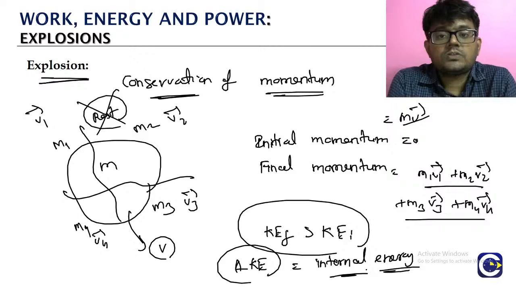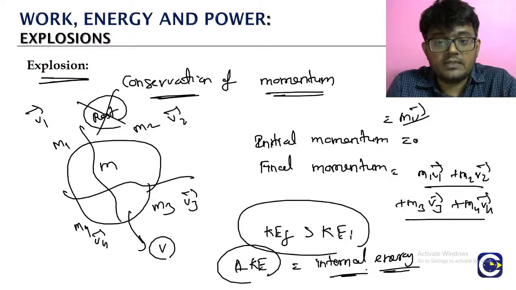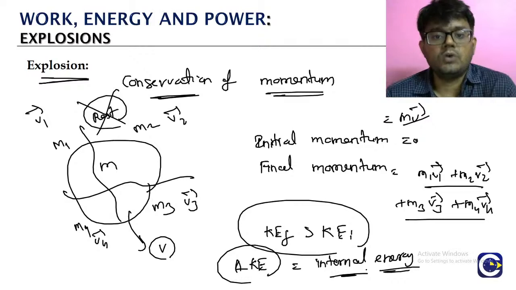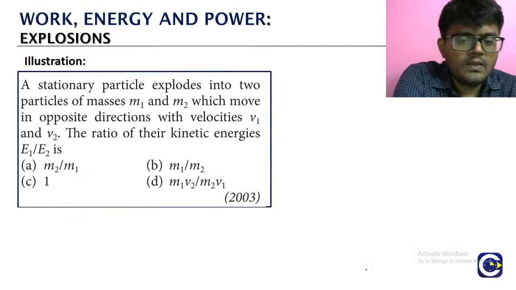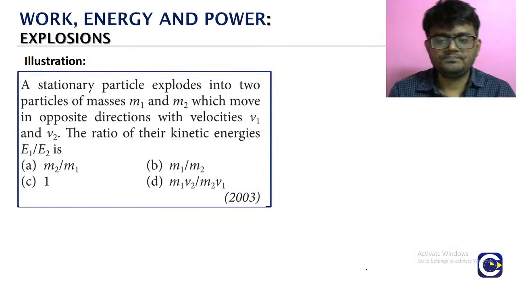So final kinetic energy will always be more than the initial. They can sometimes ask us the value of this change or increase in kinetic energy. So we'll see what kind of questions were asked.